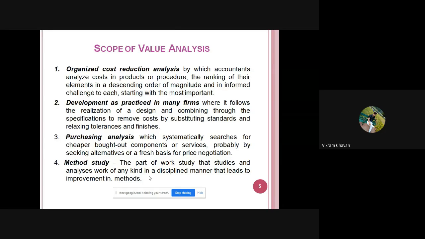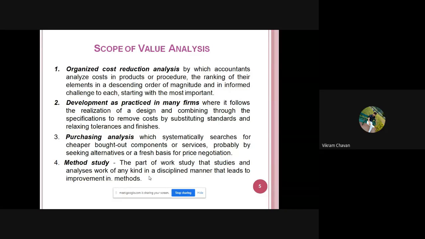If you apply value analysis in a method study, it will also help to reduce the processes. As we know, if there is any over-designing of a component, that will not add to the value of the product, because it will become over-costed, and that will be a bad valuation of the product.